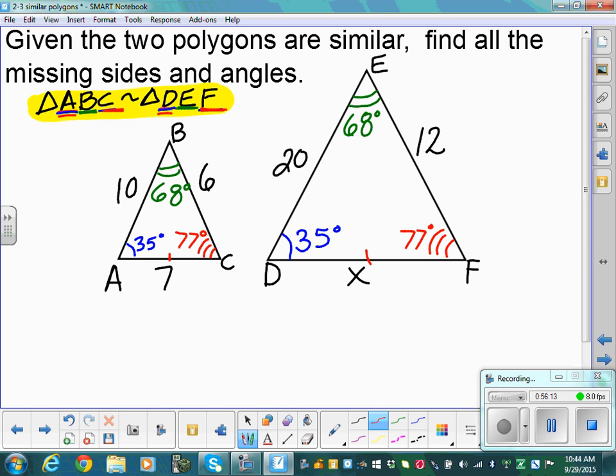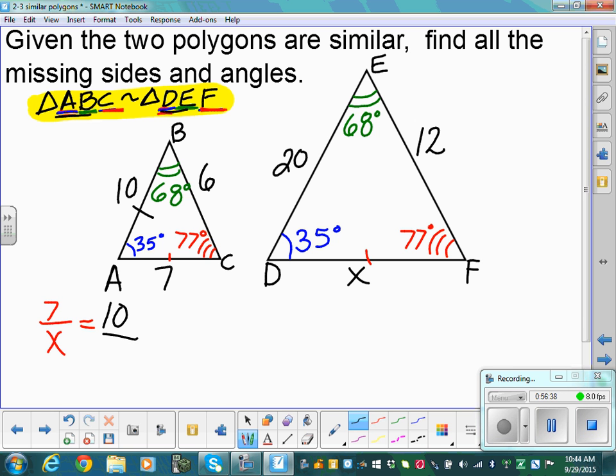So 7 over X, I'm setting up the ratio of the corresponding sides, is equal to a different ratio. Now, we know this side is 10, but what side corresponds with AB? DE. So we're going to have 10 over 20, AB is to DE.